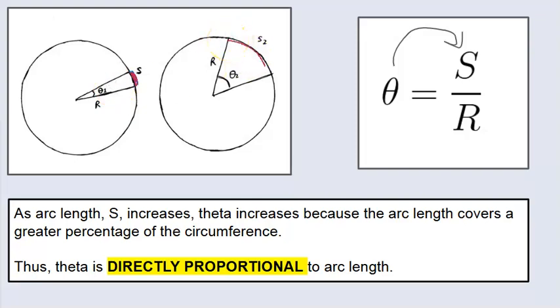I have a big arc length s2, and that's a bigger slice of the pizza. That's a bigger theta. And it's not obvious that it is directly proportional, but at least it's bigger, right? So that's why s is in the numerator. If s goes up, theta goes up. It's directly proportional.